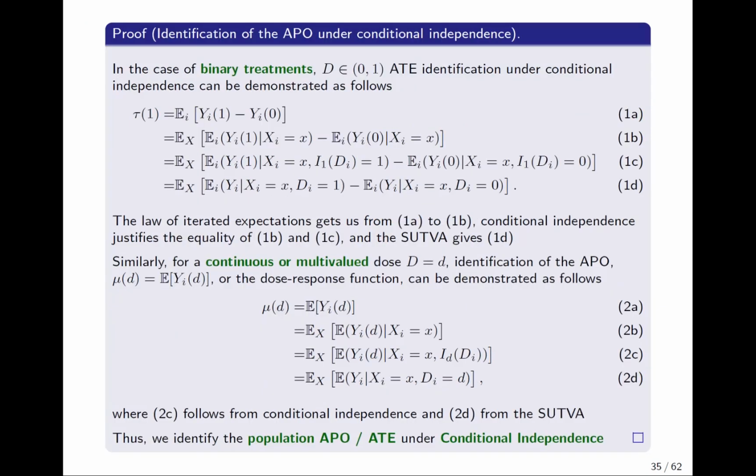And then just to finish in this section, that's really covered what I wanted to say. The last slide derives the steps, just for a little proof, of how the average potential outcome and the average treatment effect are identified under conditional independence for the binary and multi-valued continuous cases. So let's start with the average treatment effect in the binary case.